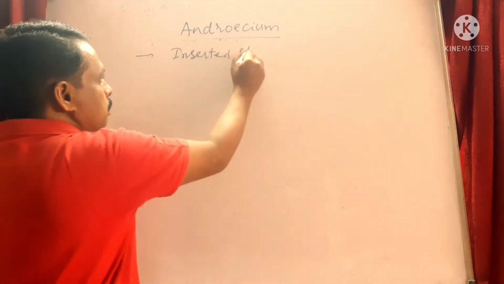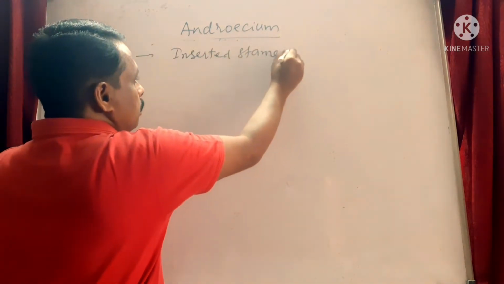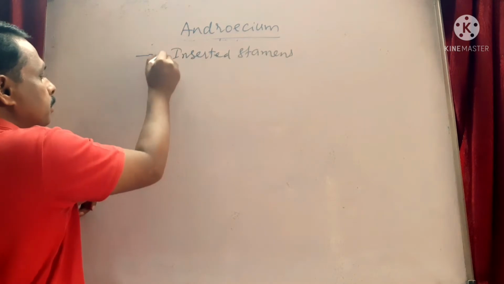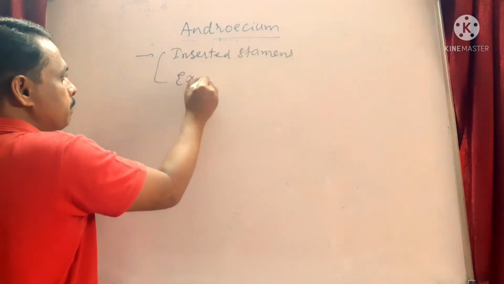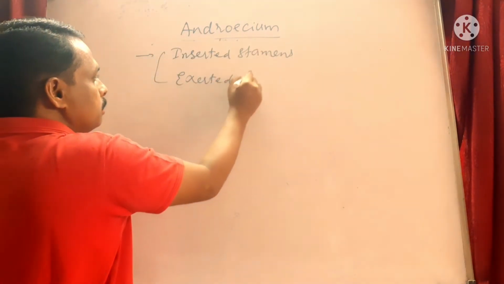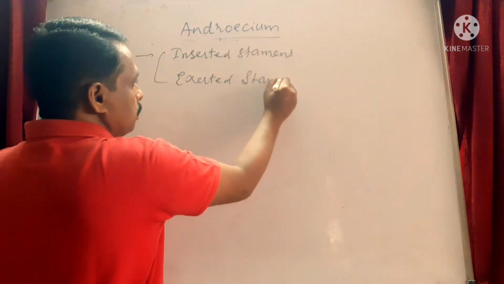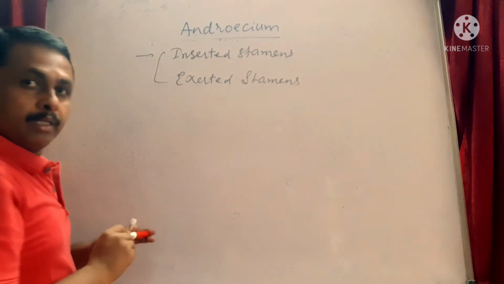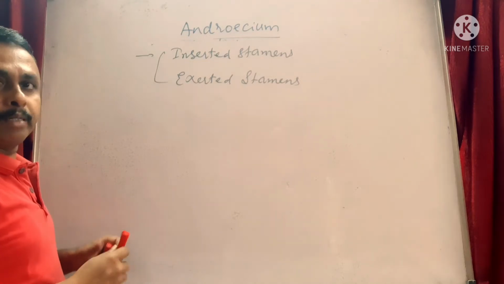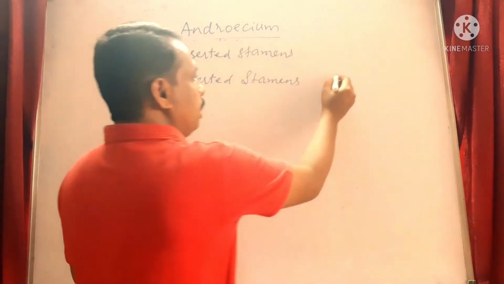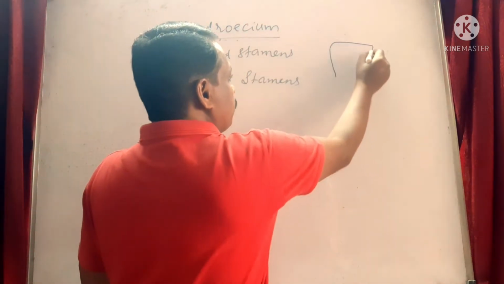One will be called inserted stamens. The other one will be exserted stamens. What does that mean? Inserted stamens: suppose this is the corolla of a flower.